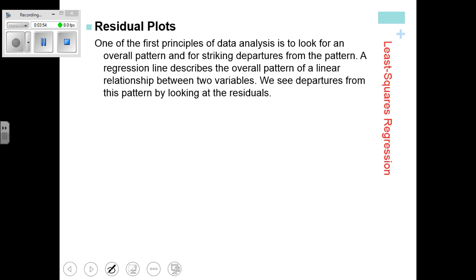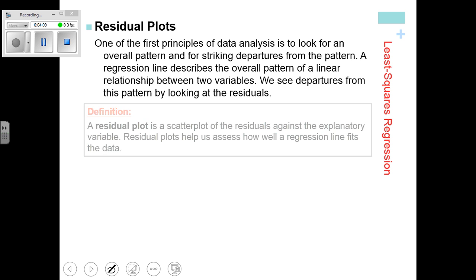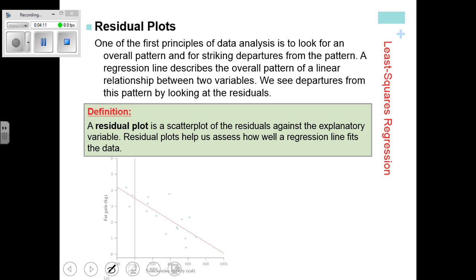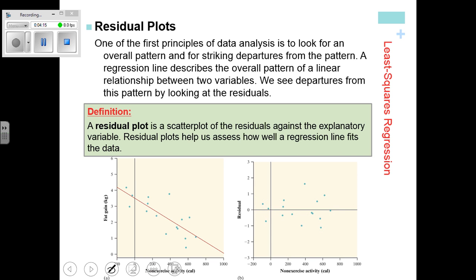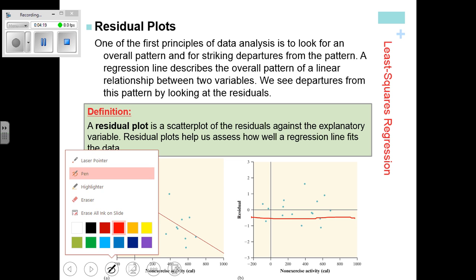One of the first principles of data analysis is to look at the overall pattern and for striking departures from that pattern. A regression line describes the overall pattern of a linear relationship between two variables. We see the departures from this pattern by looking at the residuals. And this is where a residual plot comes in. If you take the plot and basically turn it horizontally like so, that gives you a residual plot.